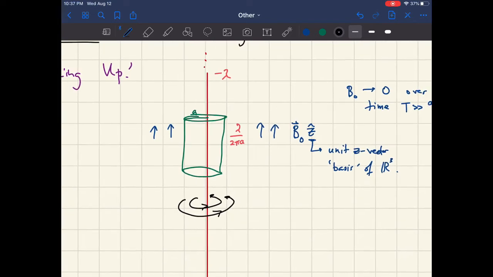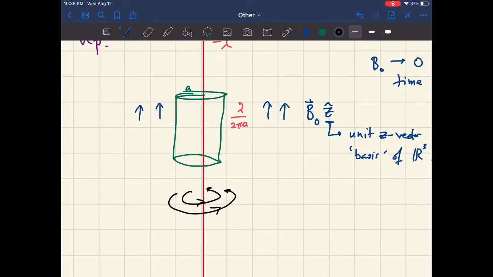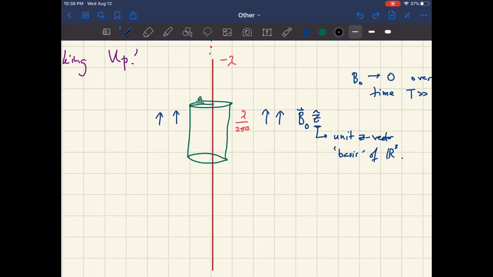Whenever you have a magnetic field line, the electric field line is going to be pointed in concentric circles. In that regard, we know that this electric field will apply some sort of torque to this system, and that will be the cause of this angular velocity omega.